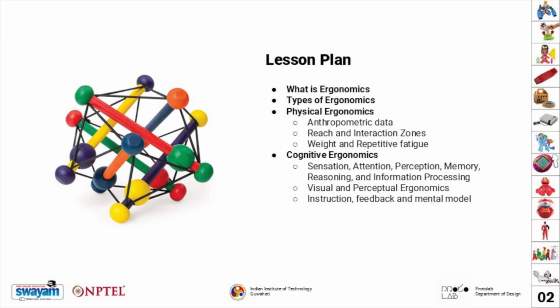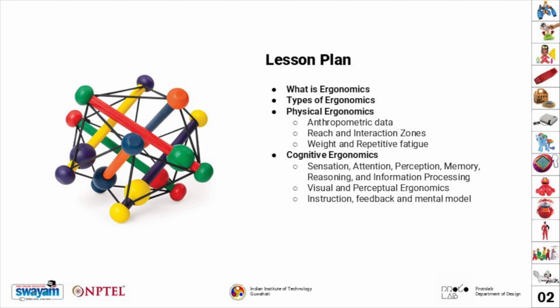Here, we will examine anthropometric data and understand how real body measurements guide toy dimensions. We will then look at reach and interaction zones, where children naturally interact with objects, and finally discuss weight and repetitive fatigue, or why a toy that works once may not work every time.